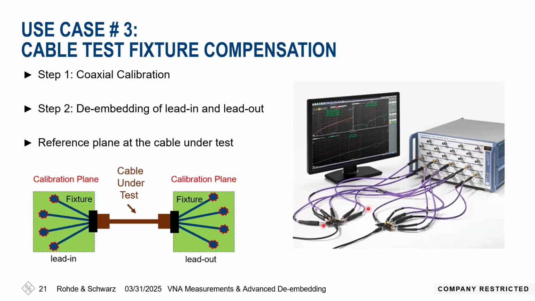You can do this with a 4-port vector network analyzer as well, but of course, you have to connect and reconnect the connectors over here to perform all the measurements. But with this multi-port VNA, you can do all the measurements and the crosstalk at the same time.